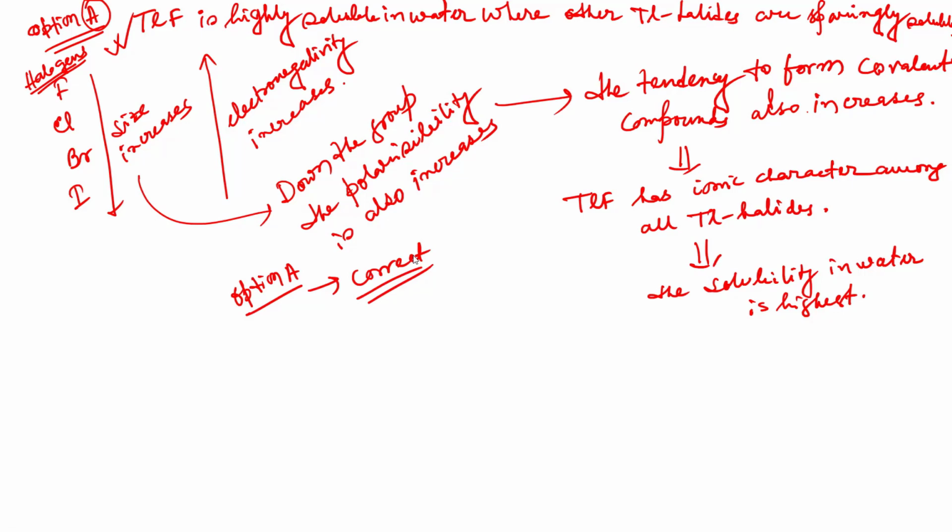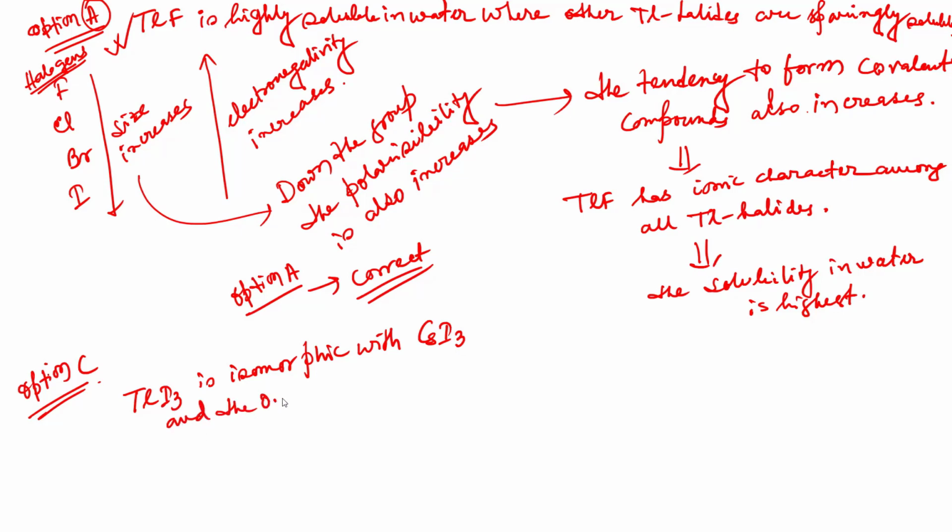Now come to option C. TlI3 is isomorphic with cesium iodide and the oxidation state of thallium is +3.